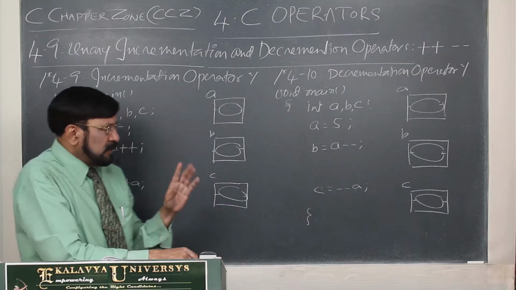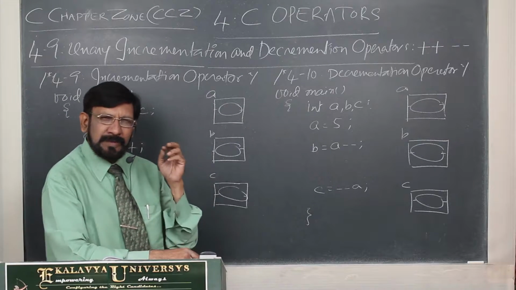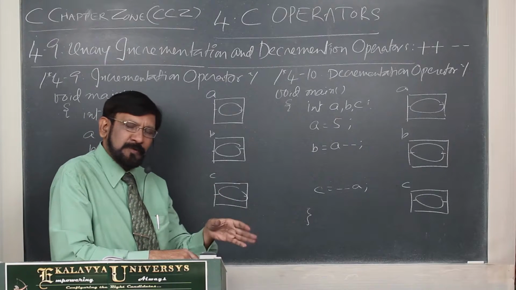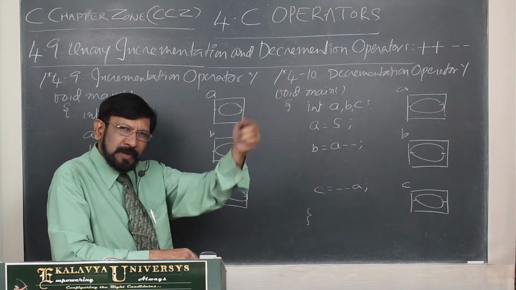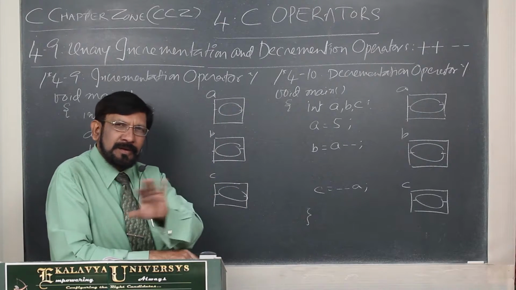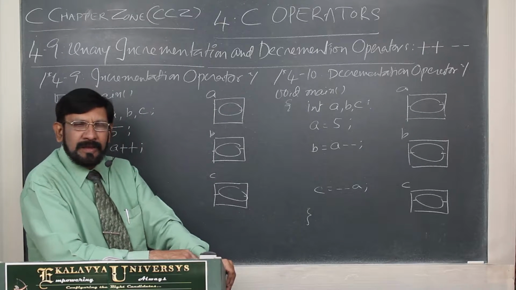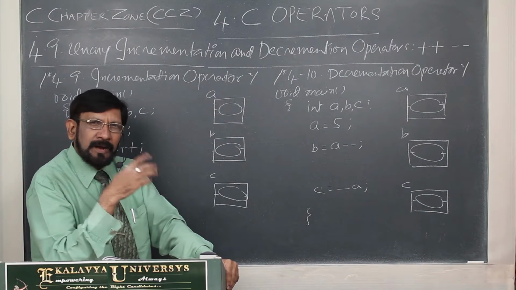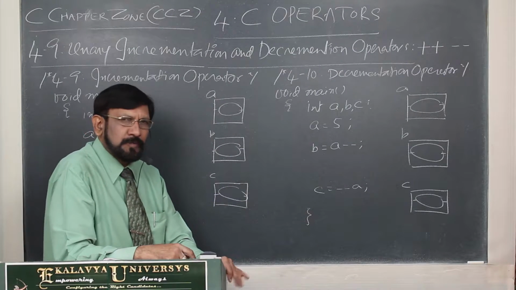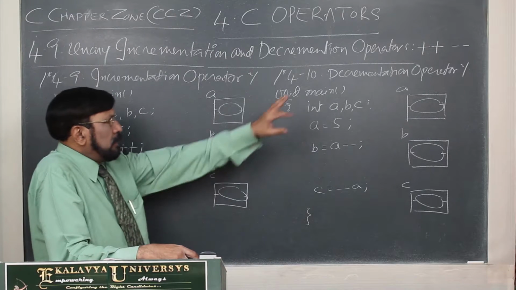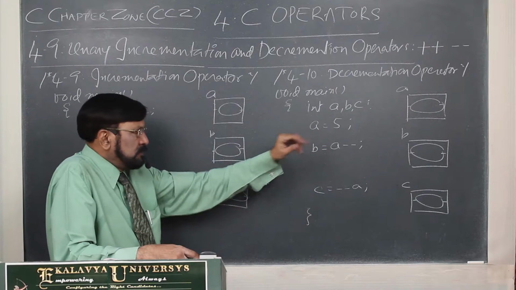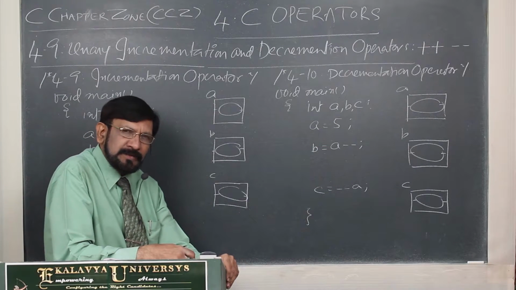Understand? This is not only for this; if you want to become a real professional programmer, this is the best approach. First write the program and manually write the result, and thereafter execute the program and tally with the computer's output, and if any difference is there, you find out where you are committing the mistake. That is a simple process. Now I would like to avert your confusion in working with these increment and decrement operators.